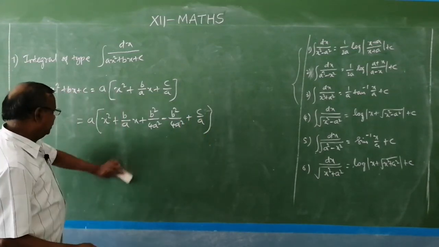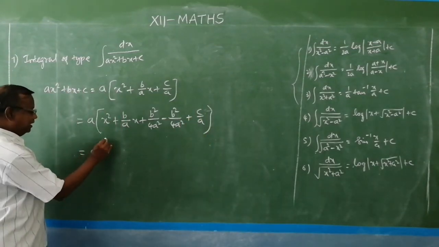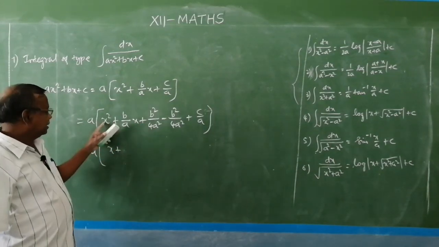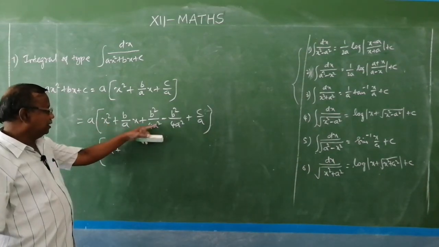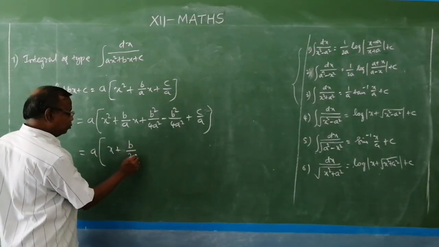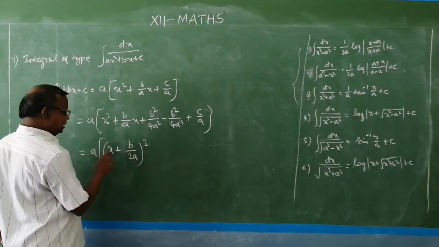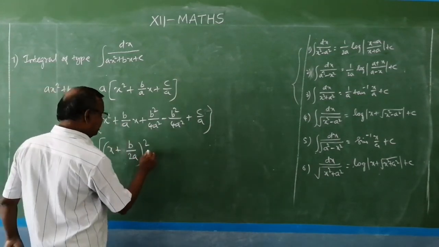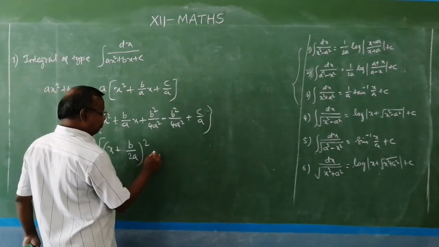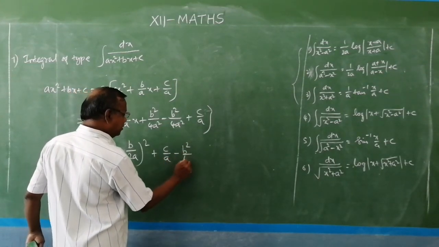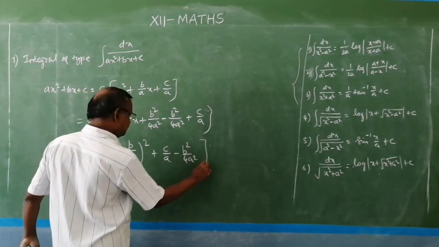Now simplify this. This is a into x square plus b square plus 2ab formula, that is x plus b by 2a the whole square, plus c by a minus b square by 4a square.